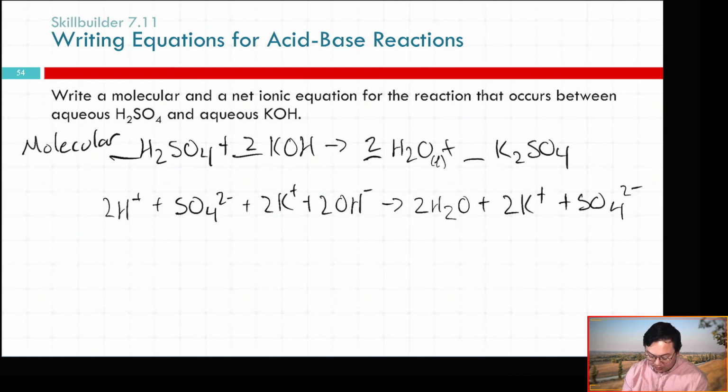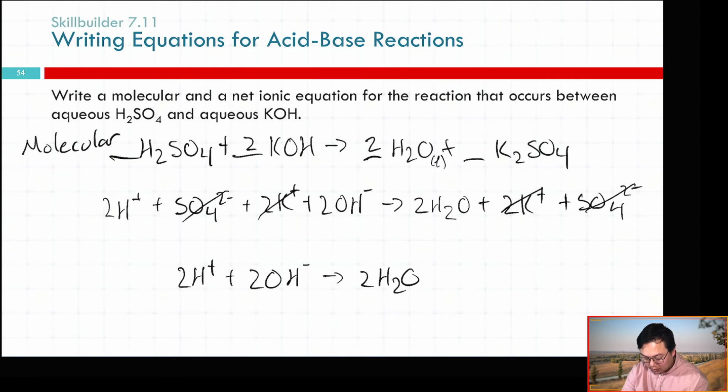And we're going to see that we have potassium and we have sulfate. So our resulting reaction is going to be 2H plus 2OH minus makes 2H2O. And that would be our net ionic equation.